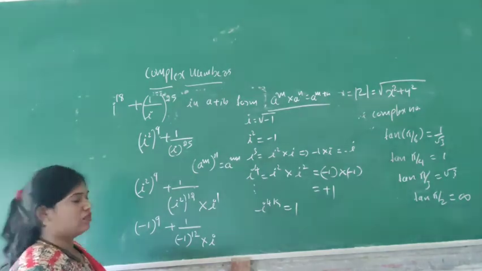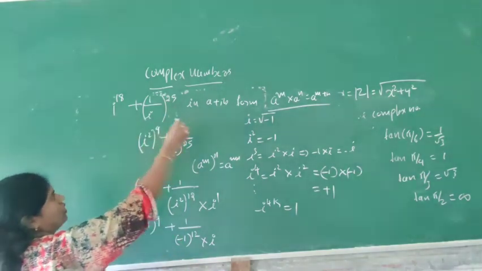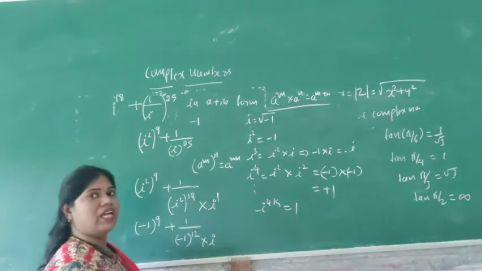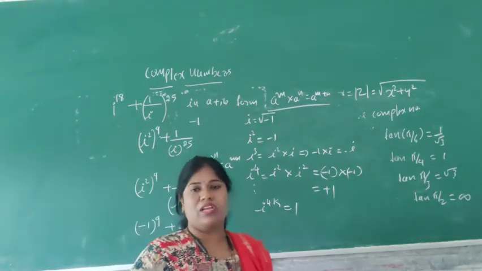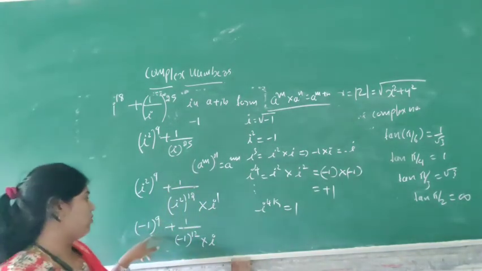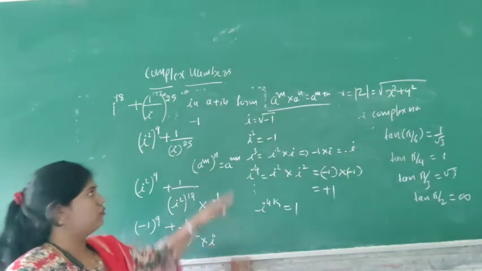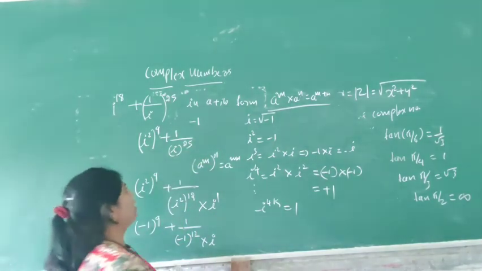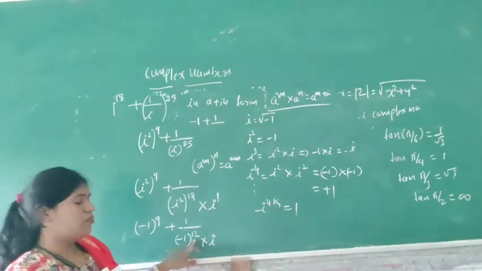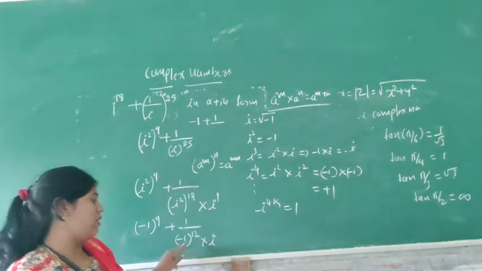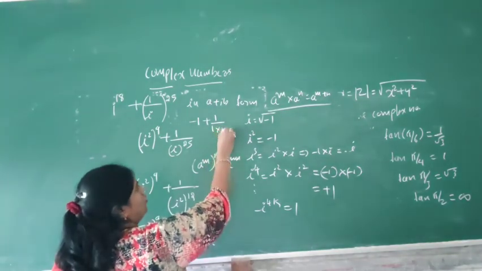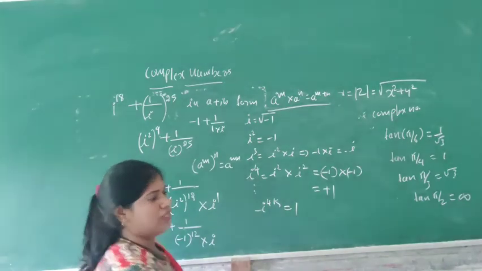So minus 1 to the power of 9 is minus 1, because if you multiply minus 1 nine times, you get minus only; the index 9 is an odd number. So it is minus 1 plus 1 divided by minus 1 to the power of 12, and because 12 is an even number, it is plus 1 only. So 1 into I.